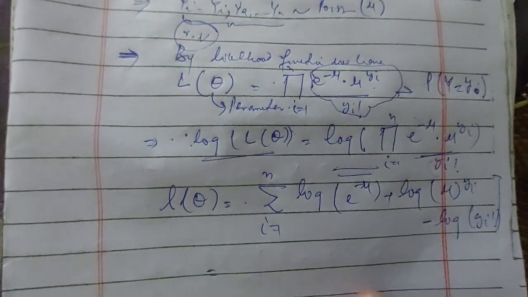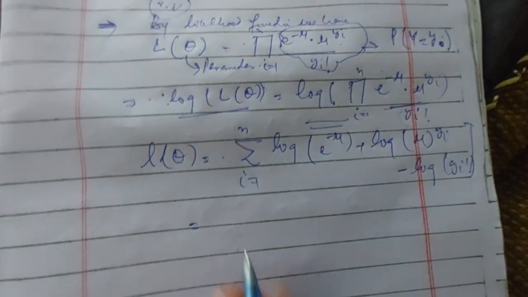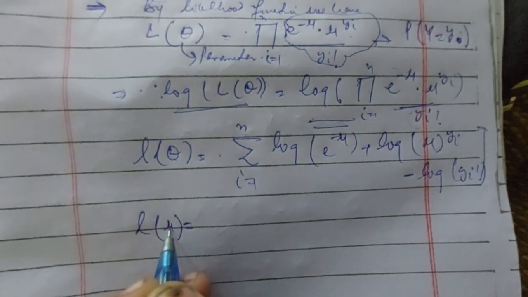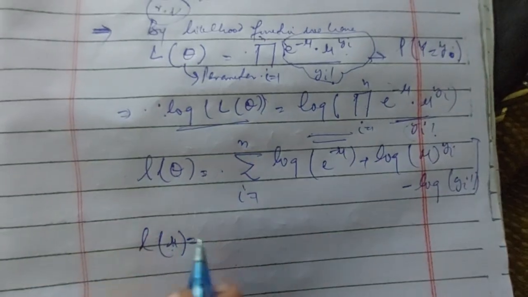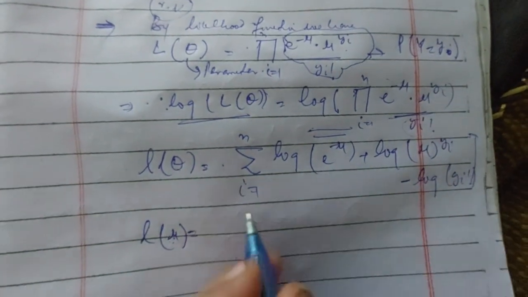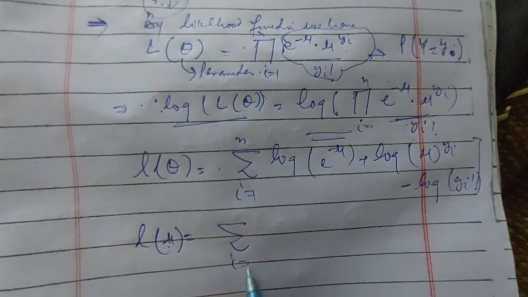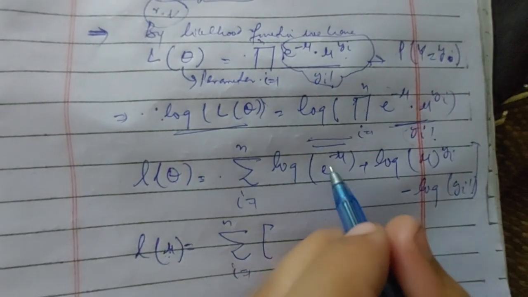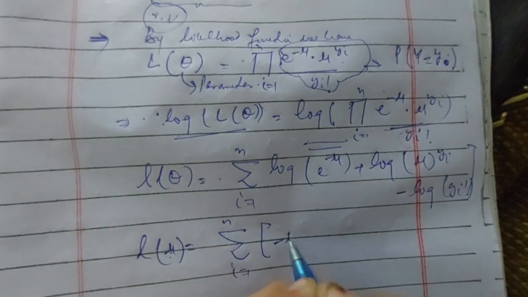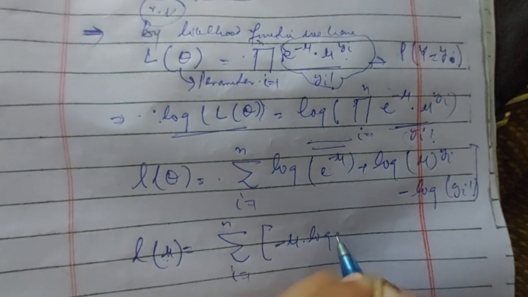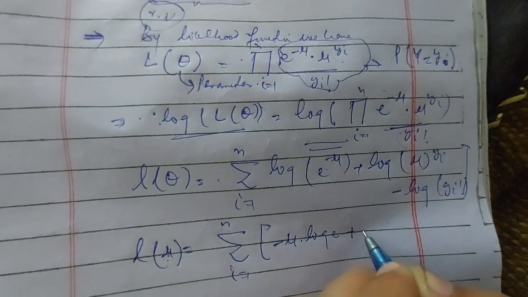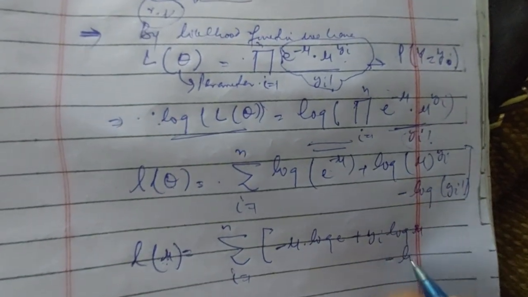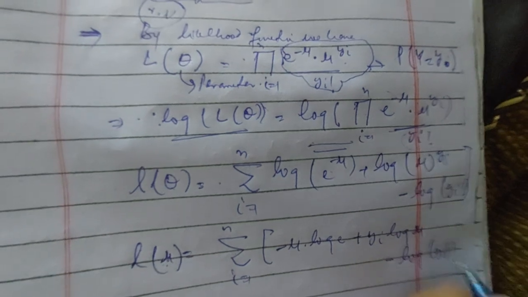The parameter we are interested in is mu in our case. So small l of mu is equal to the summation of i is equal to 1 up to n. This will give us minus mu into log of e, plus yi into log of mu, minus log of yi factorial.